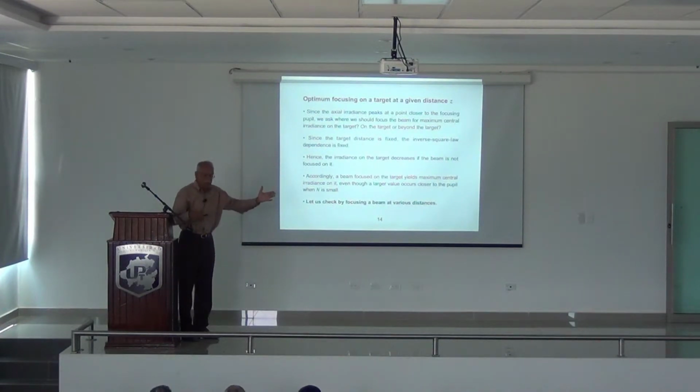The target is at a certain distance z, and I have a laser beam whose focus I can shift. I have a control that I can shift its focus. And since I worked for the Air Force, for the military, I use the example: there is an enemy tank that I want to burn, that I want to disable. So I'm going to focus a beam on the tank.